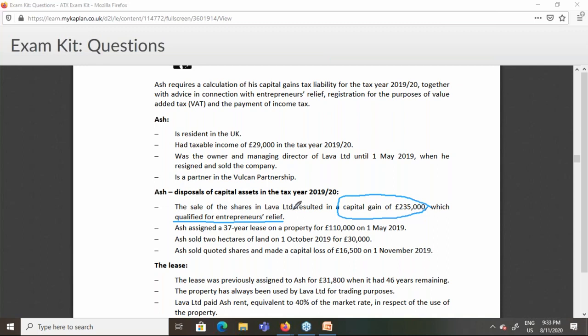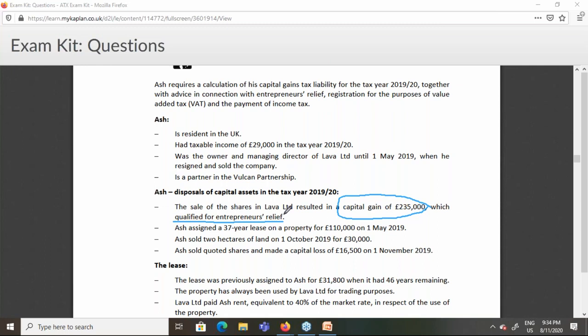You should be an employee of the company and you should own the shares at least for a period of 2 years. It seems that you have met the 3 conditions that I mentioned. As a result of that, the capital gain that resulted from the sale of shares in Lava Limited qualifies for the entrepreneur's relief. So we don't have to think too much about that.